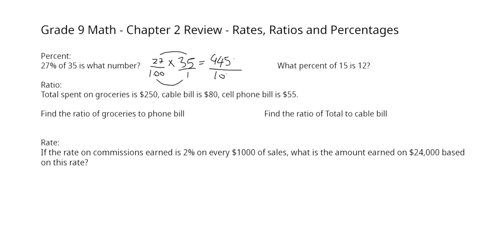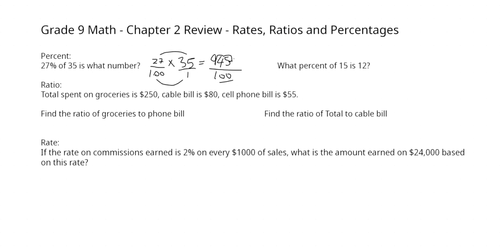So in this case, because we have 2 zeros and we're dividing, remember, there's an imaginary decimal place after the 5. So you're going to move 1, 2. So your answer will automatically become 9.45. And it's as simple as that. So 9.45 is your answer.